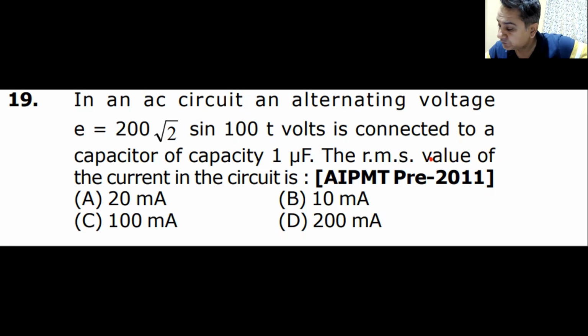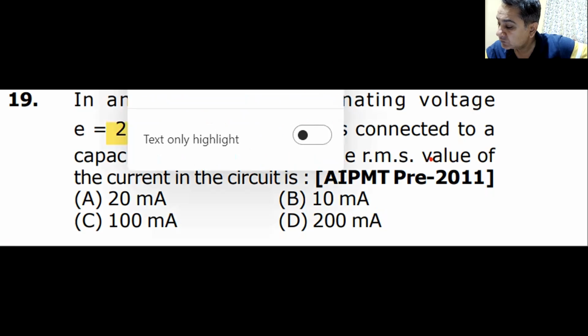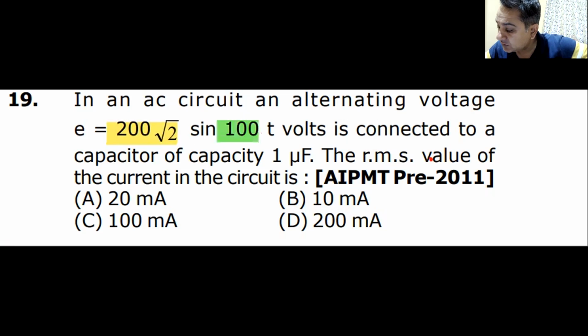How will I do it? This is E naught, the maximum value, and 100 is omega.